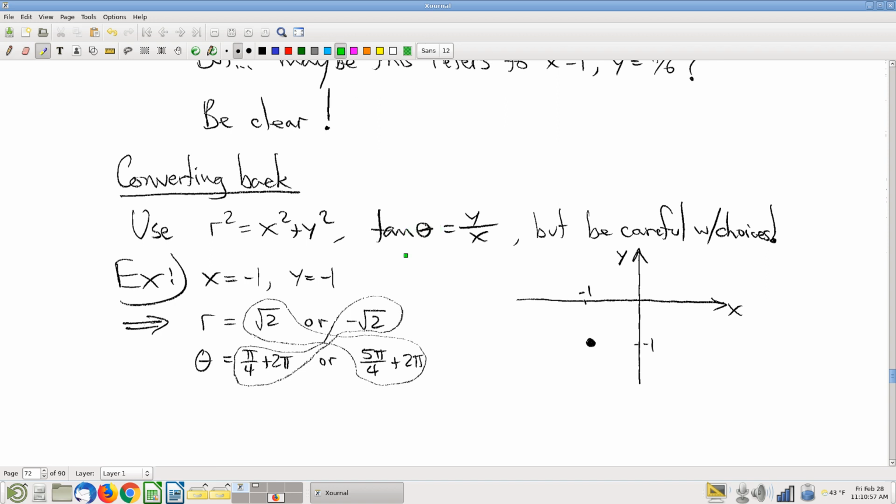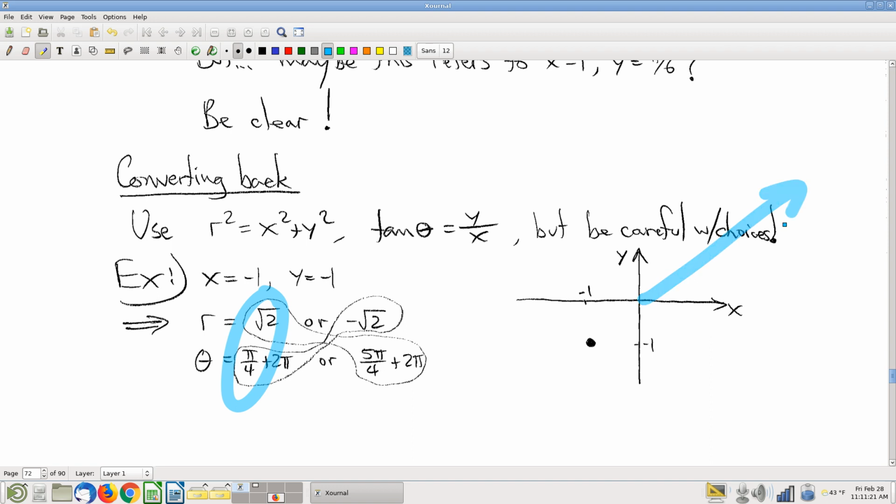And here's a scary little landmine you can step on. If you look at this point here, with coordinates -1, -1, if you just play the naive game of r is the square root and theta is the arctangent, you'll write down blindly that r is square root of 2 and theta is pi over 4.